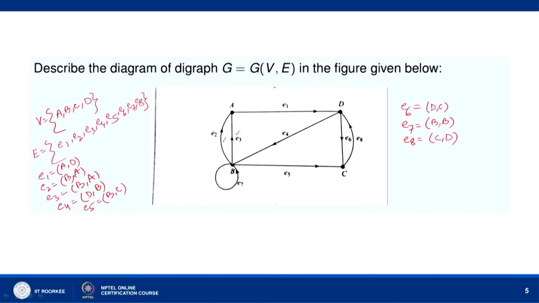For example, here E2 and E3 join B and A, and moreover their directions are also same. You can see E2 is BA, and E3 is also BA. So E2 and E3, since they join B and A and their directions are same, are parallel edges.